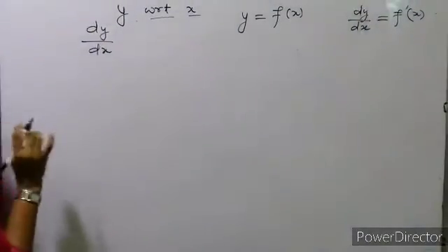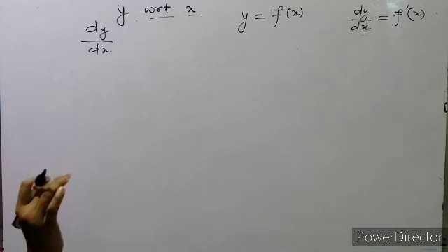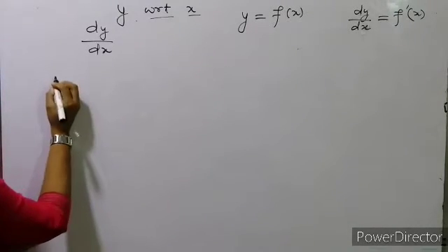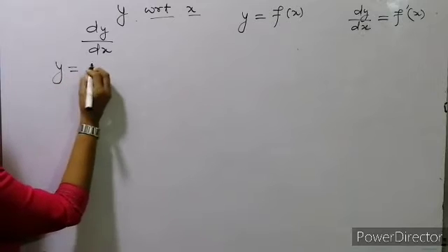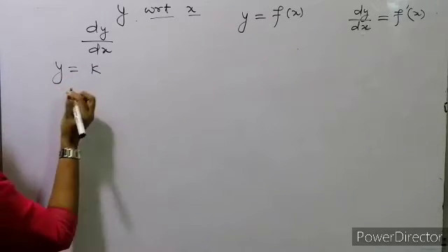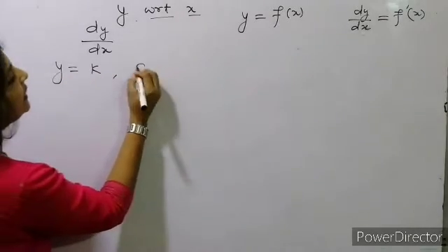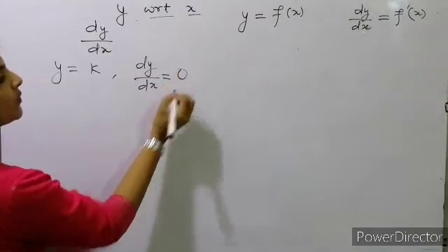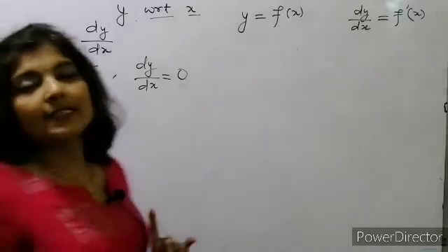Now we'll talk about some standard functions. If y is equal to k, that is a constant, in that case dy by dx will be equal to 0. Why? Because k doesn't contain any x.